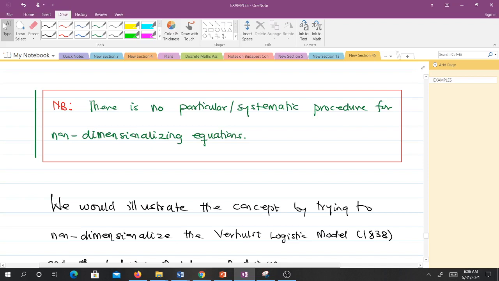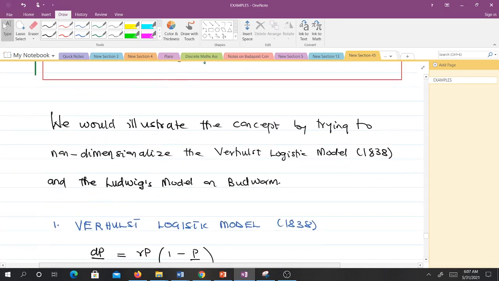But in this video we are going to illustrate how to do it, and we are going to use the Verhulst logistic model of 1838, and we will use the Ludwig's model on budworm to also do that.